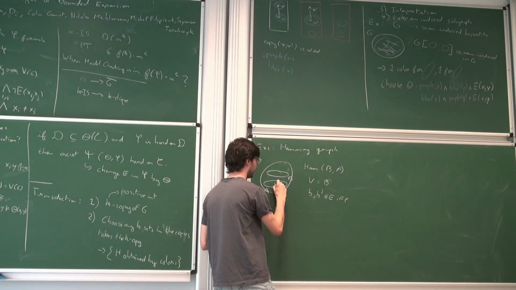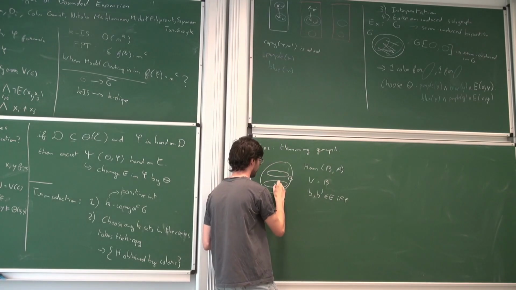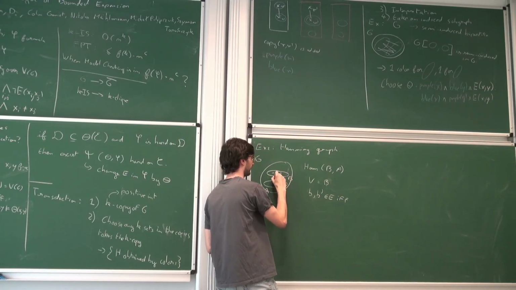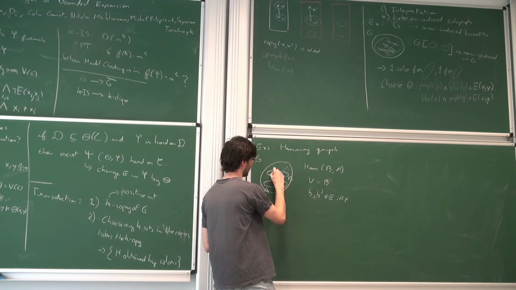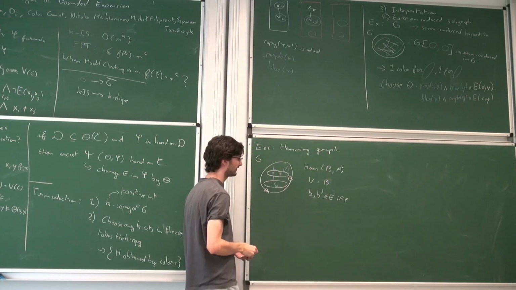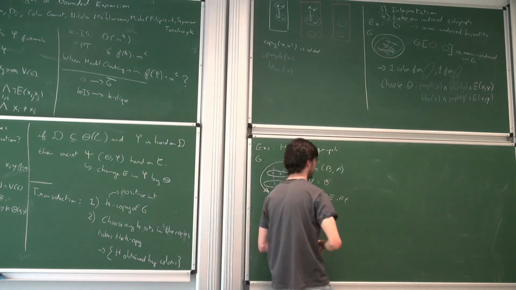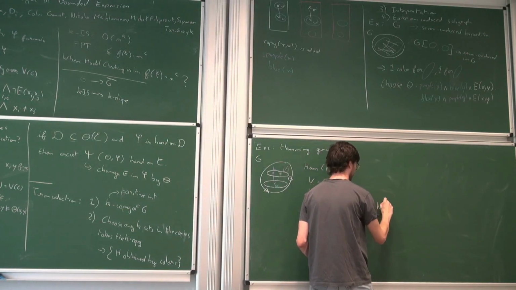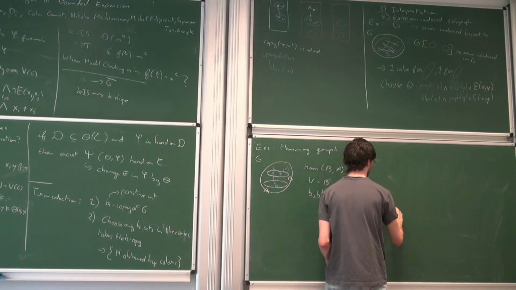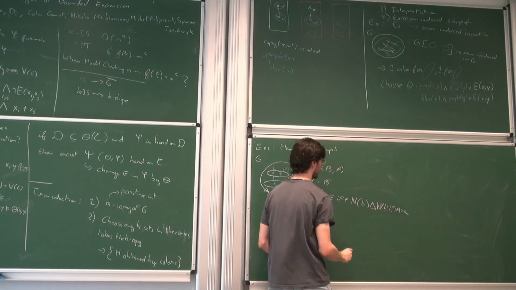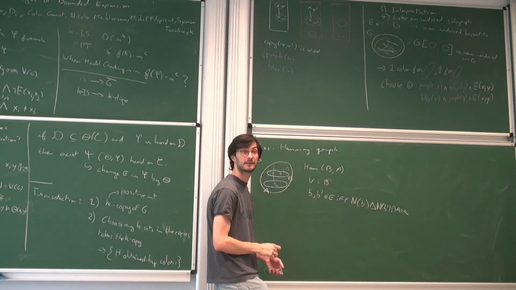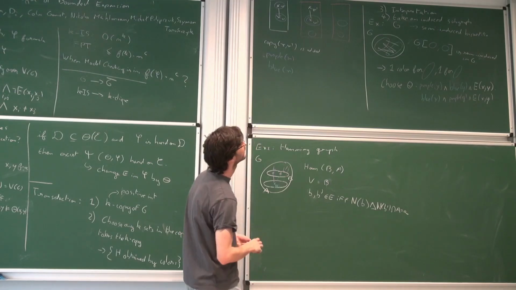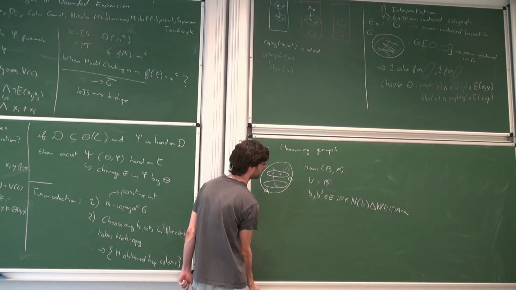There is some vertex a in A, and we have b in B and b prime, and they are twins except on a. So the difference of the neighborhoods is exactly a. Okay, so how would you do a transduction for that?